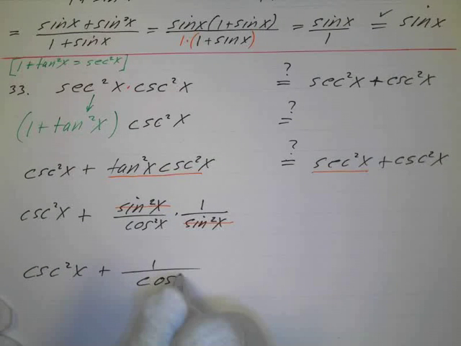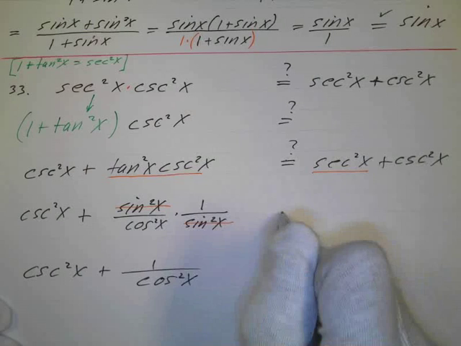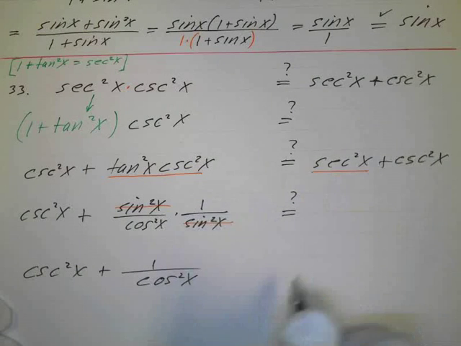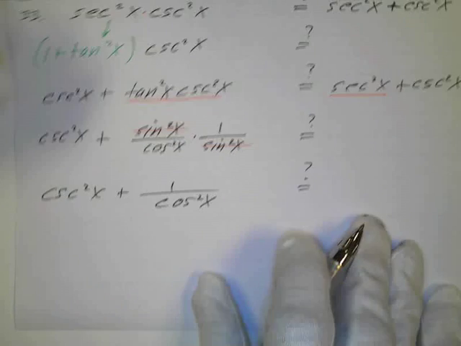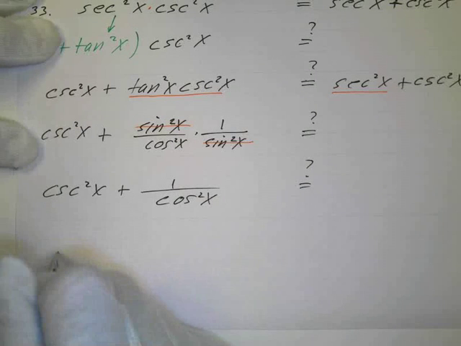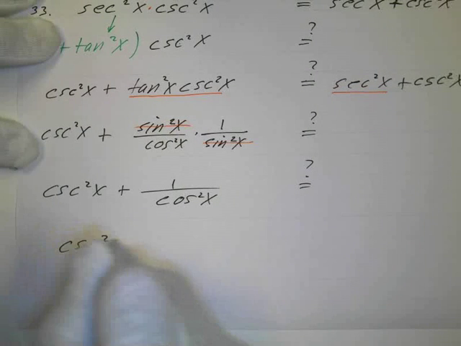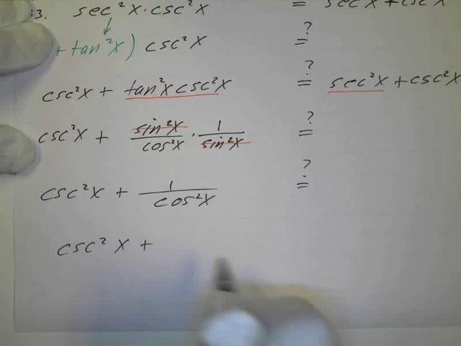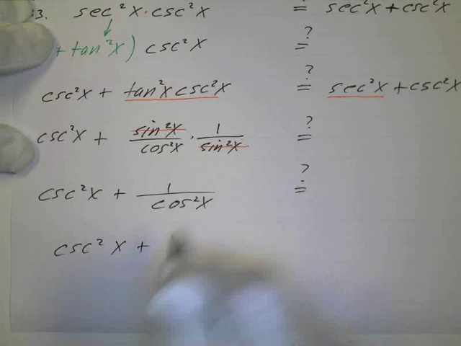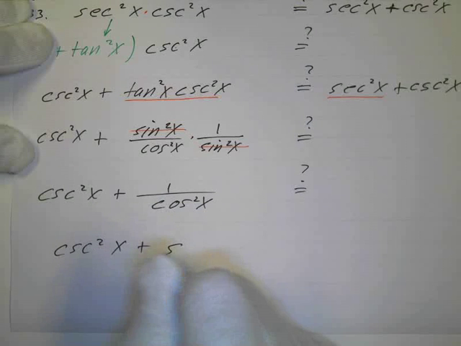plus 1 over the cosine squared. And what's 1 over the cosine? I'm sorry, 1 over the cosine is the secant, pardon me.